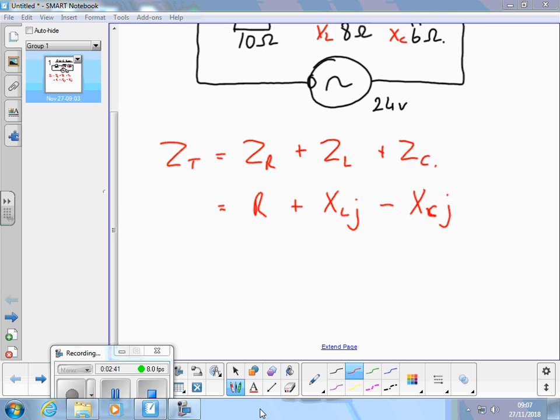And then the common term there is j, so we can take that outside some brackets and say it's equal to R plus (XL minus XC) j.